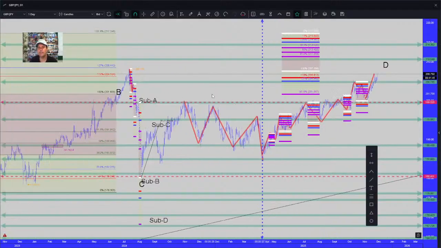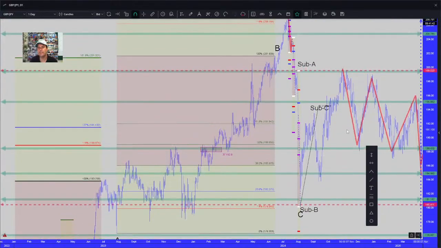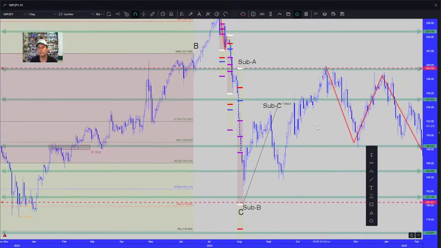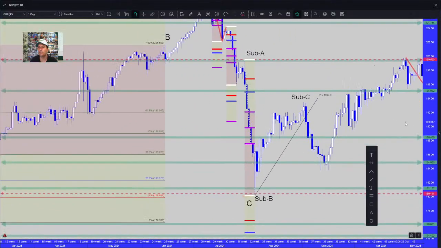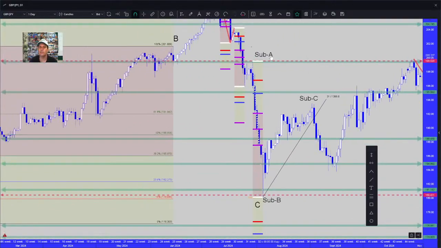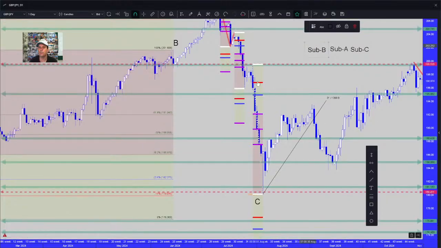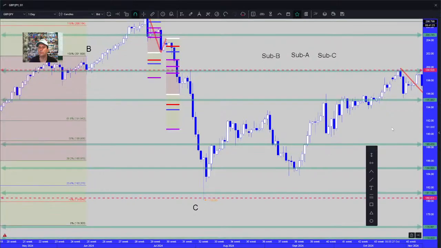So back in time, rewatch this lesson thousands of times, okay? Back in time, the market would stop me out on the sub A, so this is not valid anymore, sub A, sub B, sub C, right? The market would stop me out, this is not valid anymore, and then I would monitor price action.